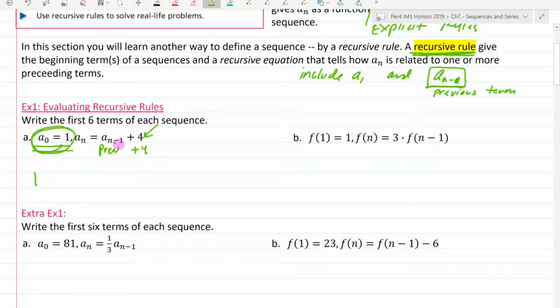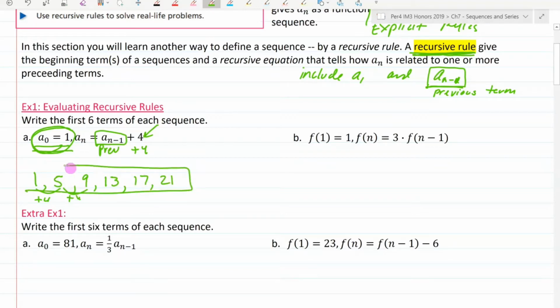This is telling me to take that term and add 4 to it. So the next one would be 5, because I'm going to add 4. Then I'm going to add 4 again, so then I have 9. And then add 4, and then add 4. 1, 2, 3, 4, 5, and then add 4. So this means previous term plus 4.